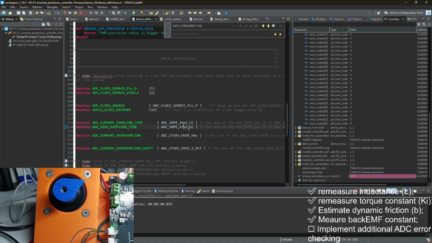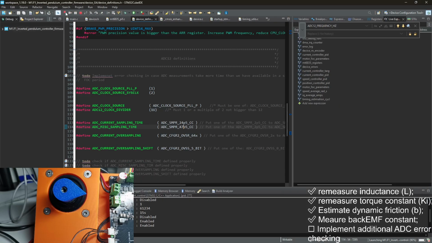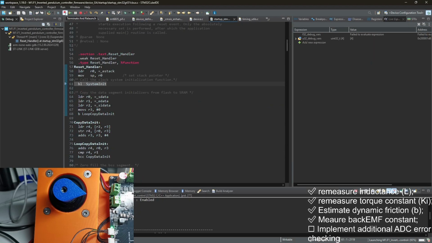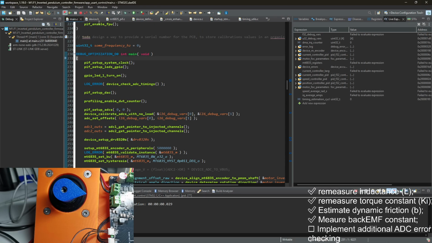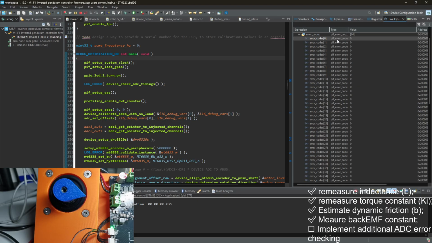Now it should be both a reasonable duration and no error. Okay, yep, perfect. And we should not see an error here. Yes, we don't see an error.